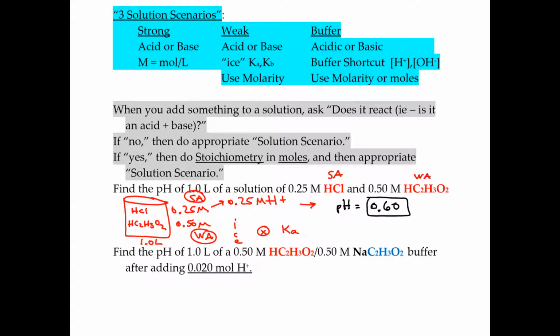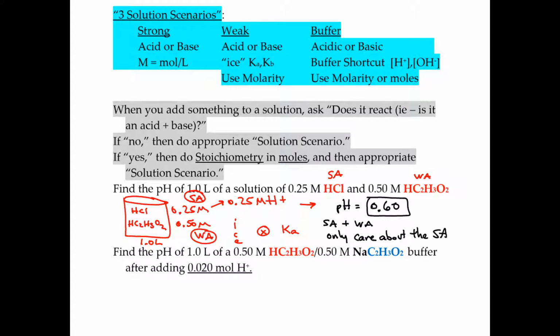So whenever you have a strong and a weak, a strong acid and a weak acid, you only care about the strong, because the weak one is not going to give you a significant amount of H plus.